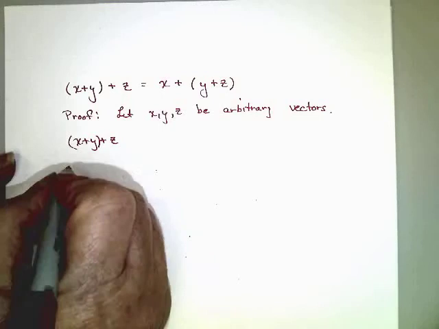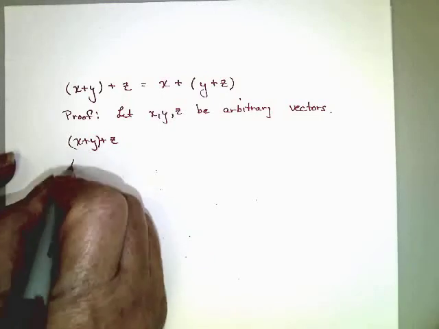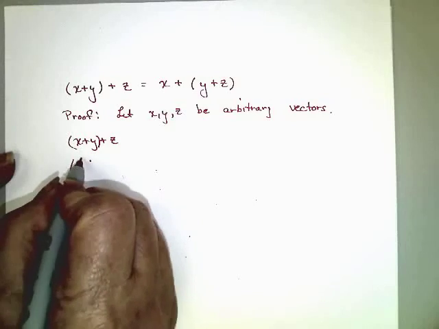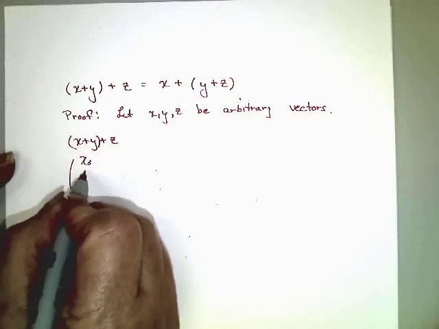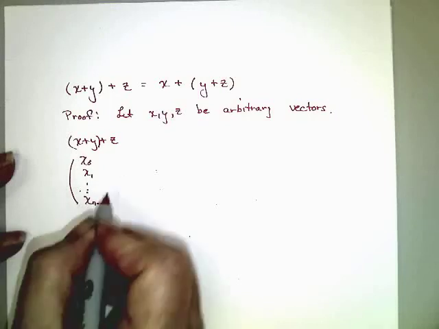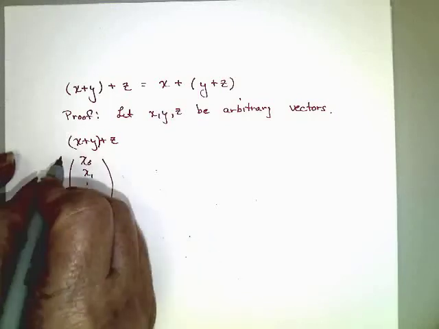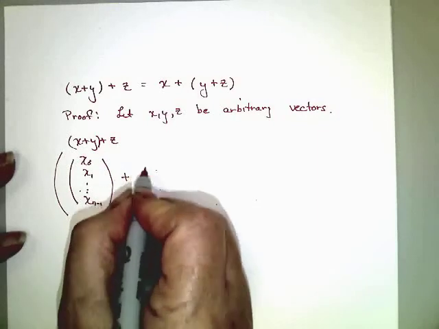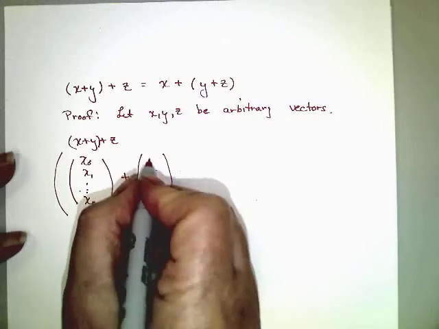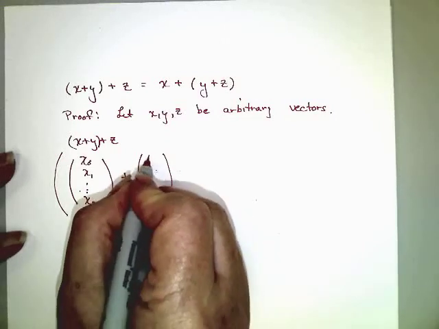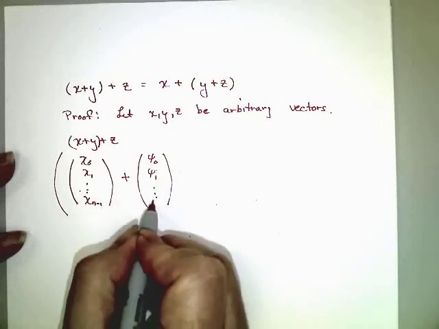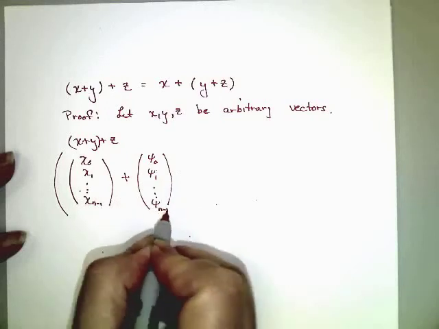Now if I go back and use my notation, I know x is a vector, say of size n, and we would write the components as chi 0, chi 1, and so forth, out to chi n minus 1. And in order to add these vectors, y would also have to be a vector of size n, and we can call its components psi 0, psi 1, and so forth, out to psi n minus 1.